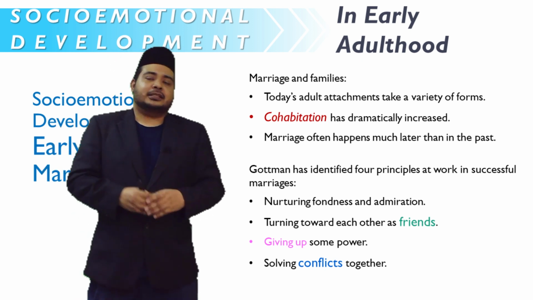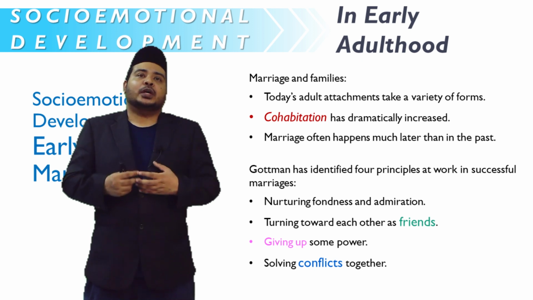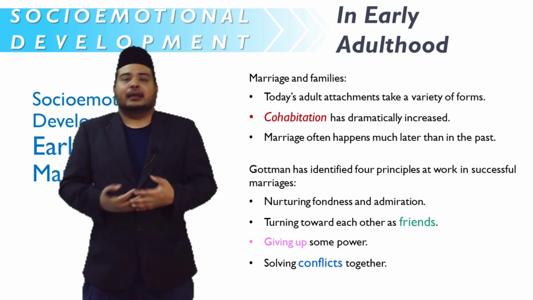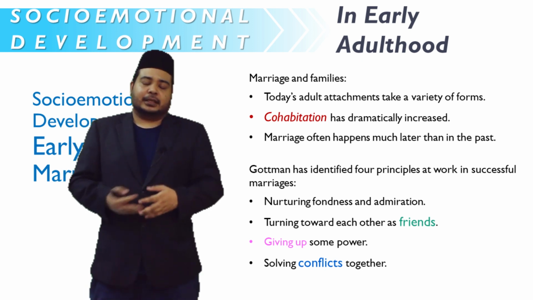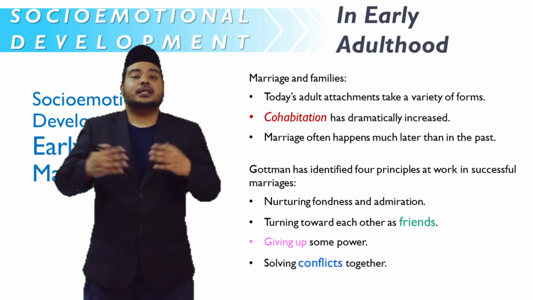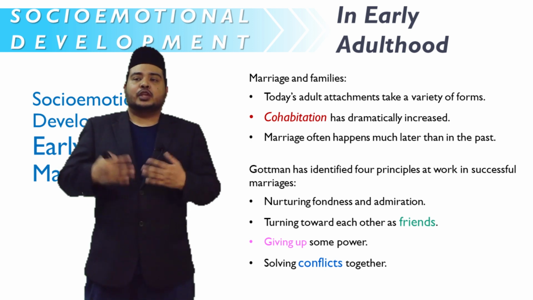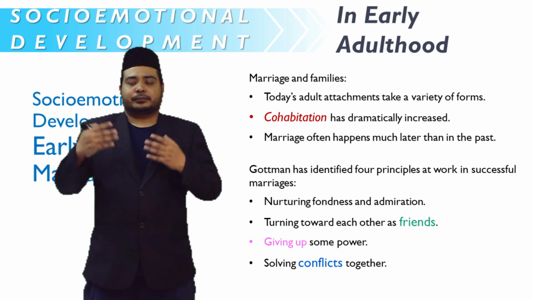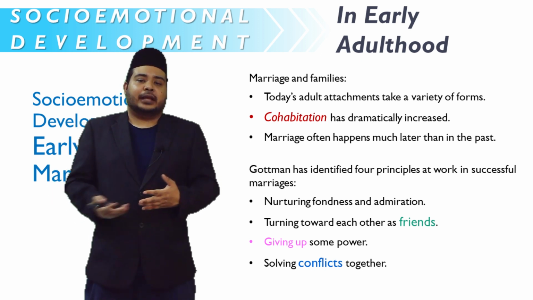When they get married, after some time, they no longer show the same intimate feelings, care, and love towards their partners. From Gottman's perspective, you need to always nurture those feelings. Don't let them decline or lower after you get married.